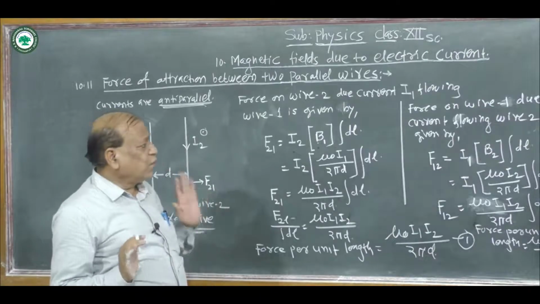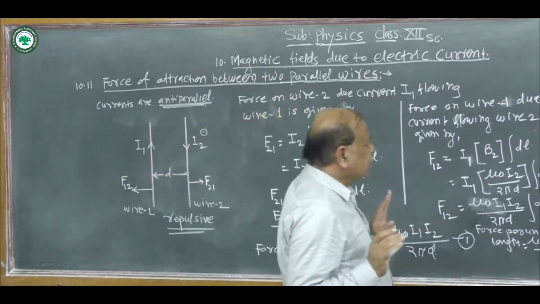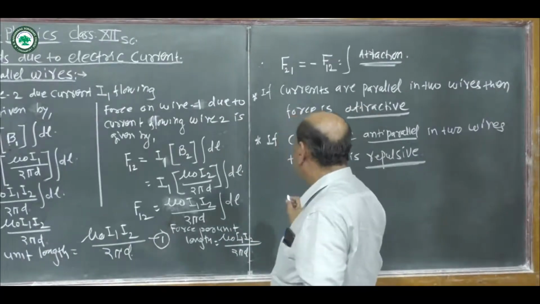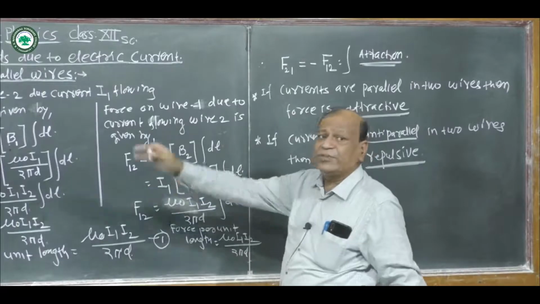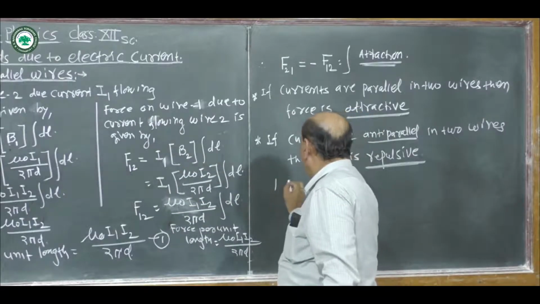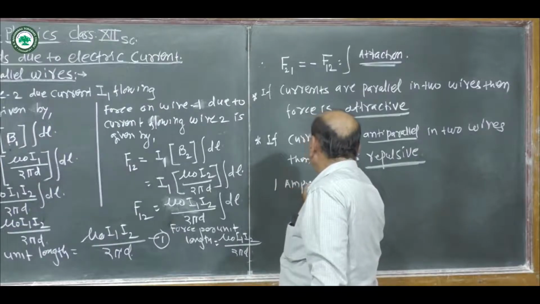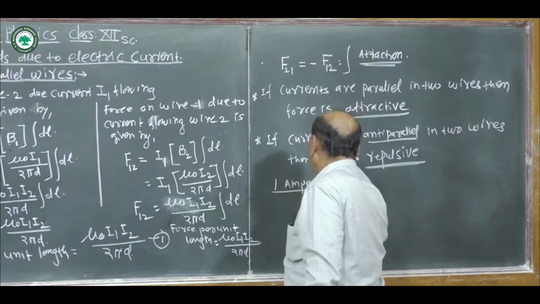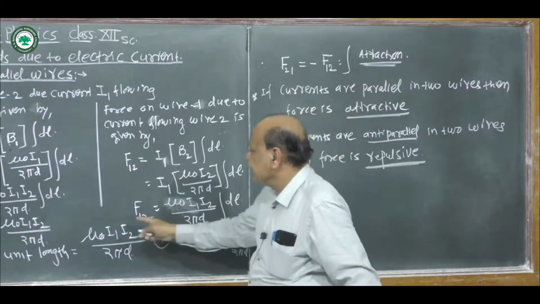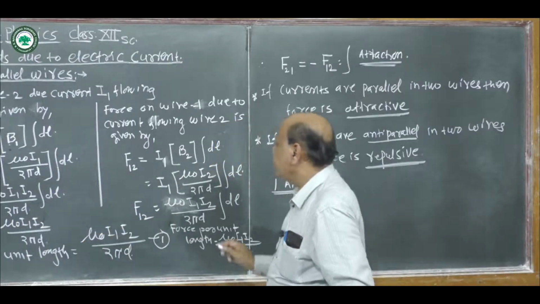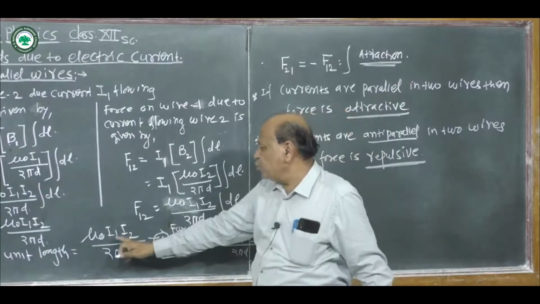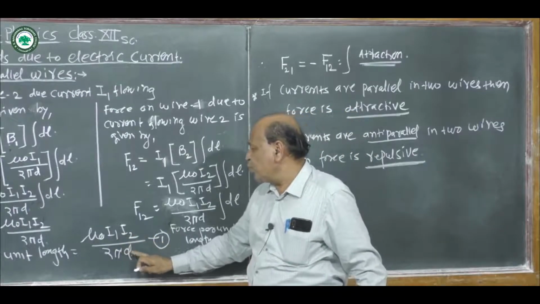Now one important term is the unit of current, the ampere. We can define 1 ampere in terms of these two currents. How do we define 1 ampere? We obtain the force per unit length, mu 0 I1 I2 over 2 pi d.